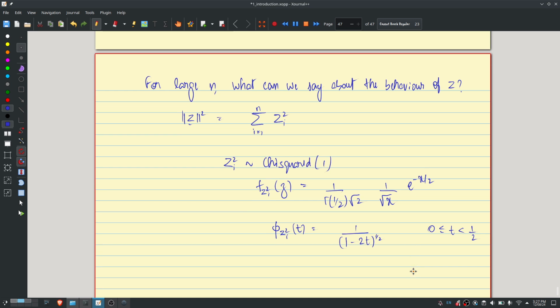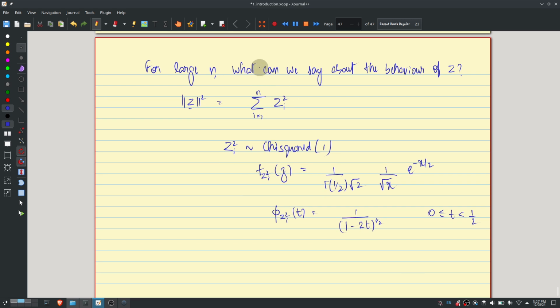Right. Now, in fact, I could have analyzed this as a chi-squared random variable with n degrees of freedom, but that's going to be more complicated for me to handle.